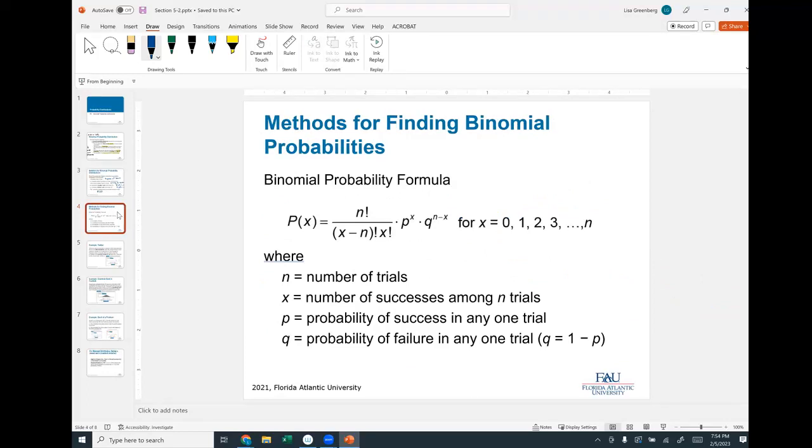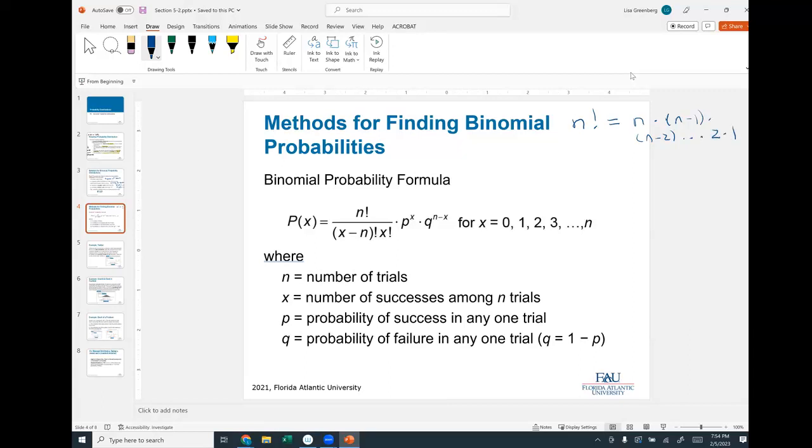Now we have this formula. I really don't want to go over this formula with you too much because you're not going to use it. So there's really no point. But we already know what all these mean. This again is n factorial, which means n times n minus 1 times n minus 2, all the way down till I get to 2 times 1.